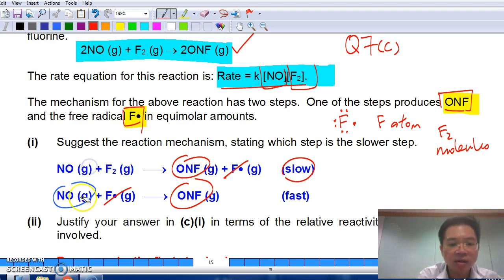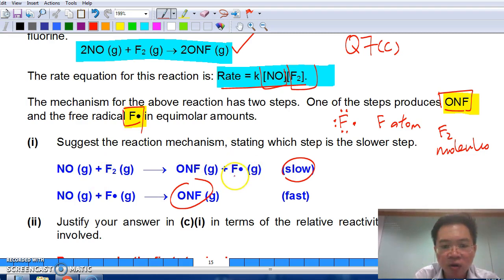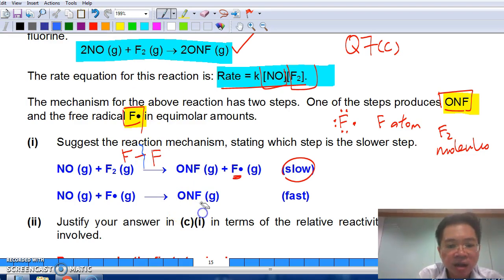I think the reason is quite simple. In the first step, you see that there's a formation of F dot, which means that there is a breaking of the FF bond. There's a breaking of the FF bond, energy is needed. In the second step, there is no breaking of bonds.